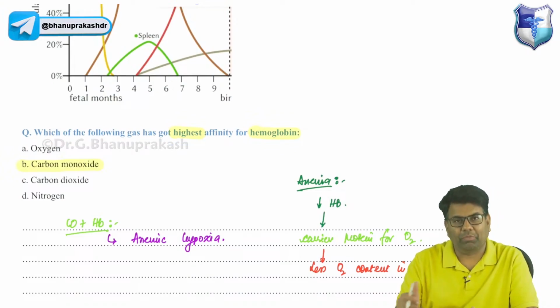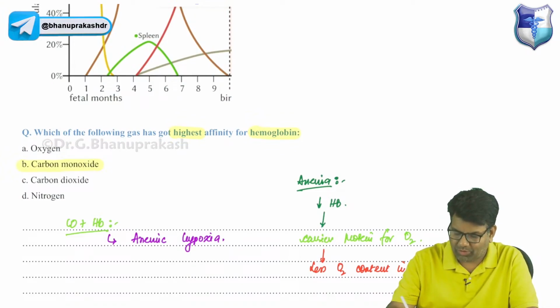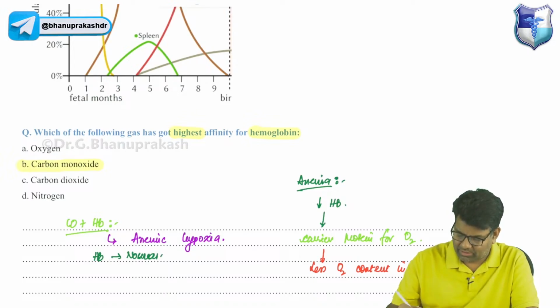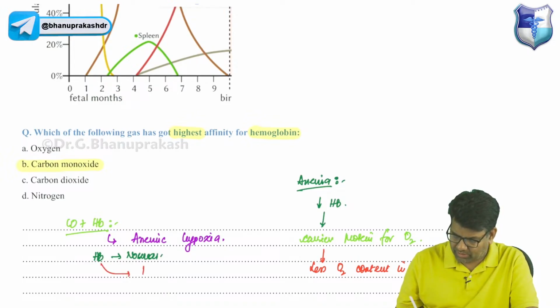Now the same kind of picture is seen with carbon monoxide poisoning. Hemoglobin was normal here, but since carbon monoxide binds with hemoglobin, very little is available for oxygen.